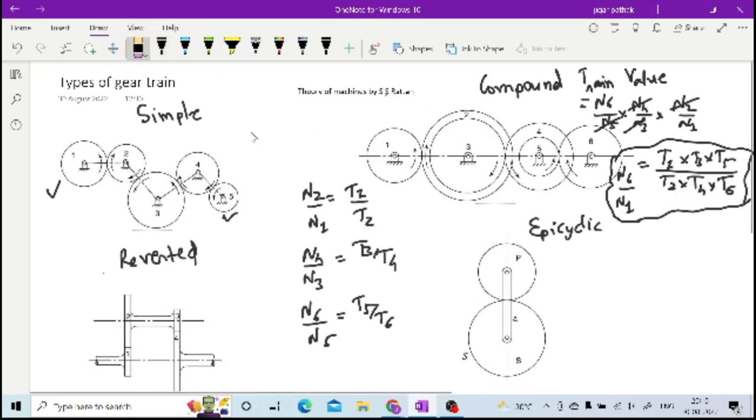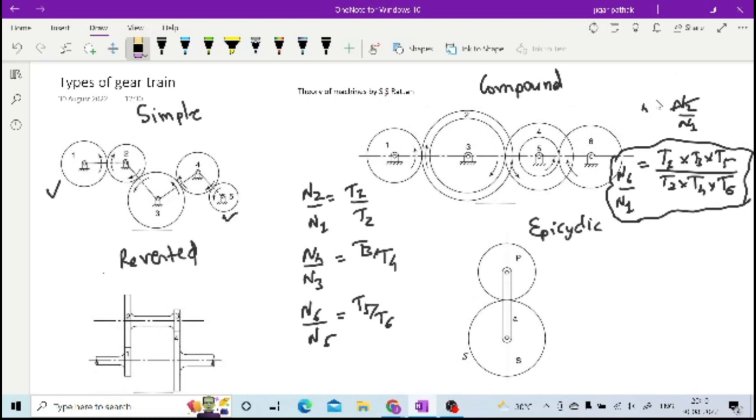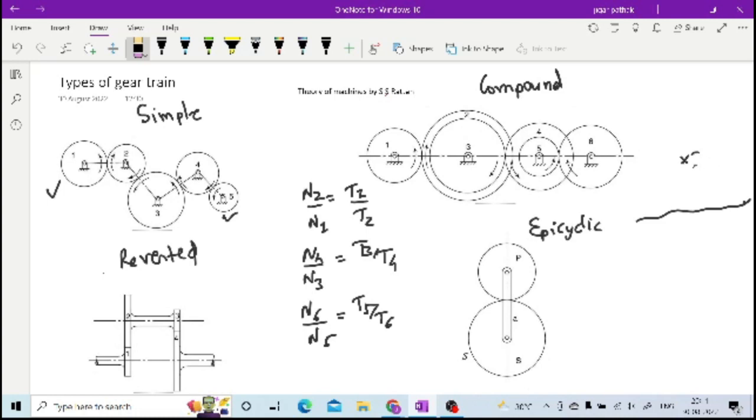Now in this reverted gear train, the last shaft and first shaft are coincident. If you can see, the axis of the shaft of the driven gear and driving gear coincide in the case of a reverted gear train.